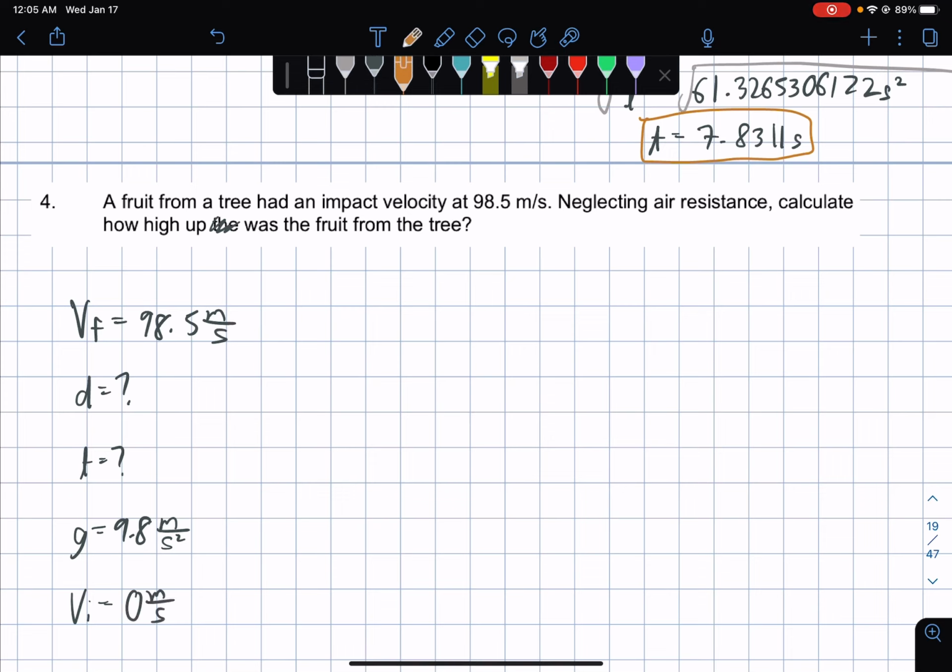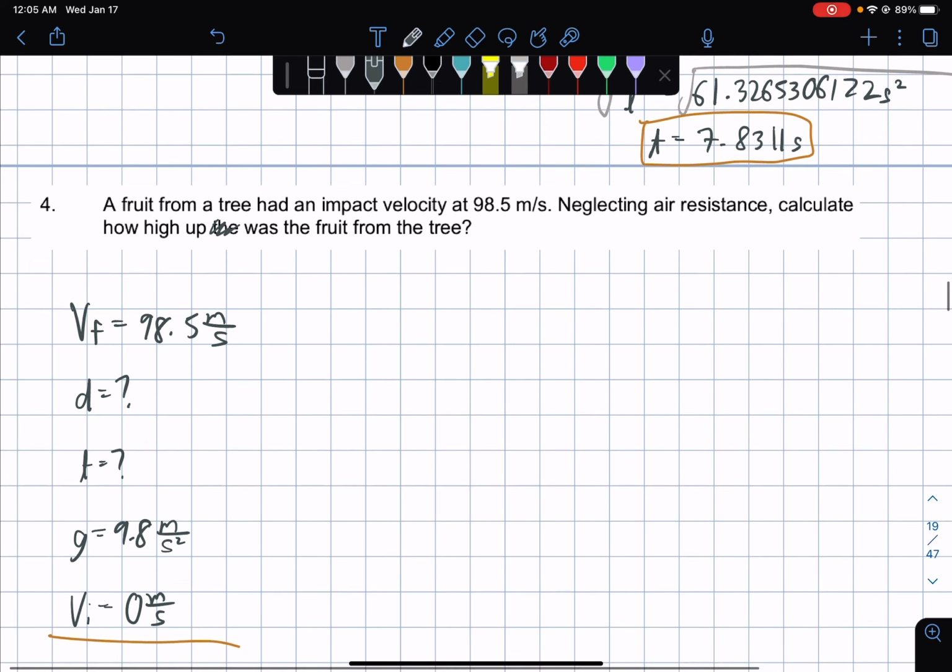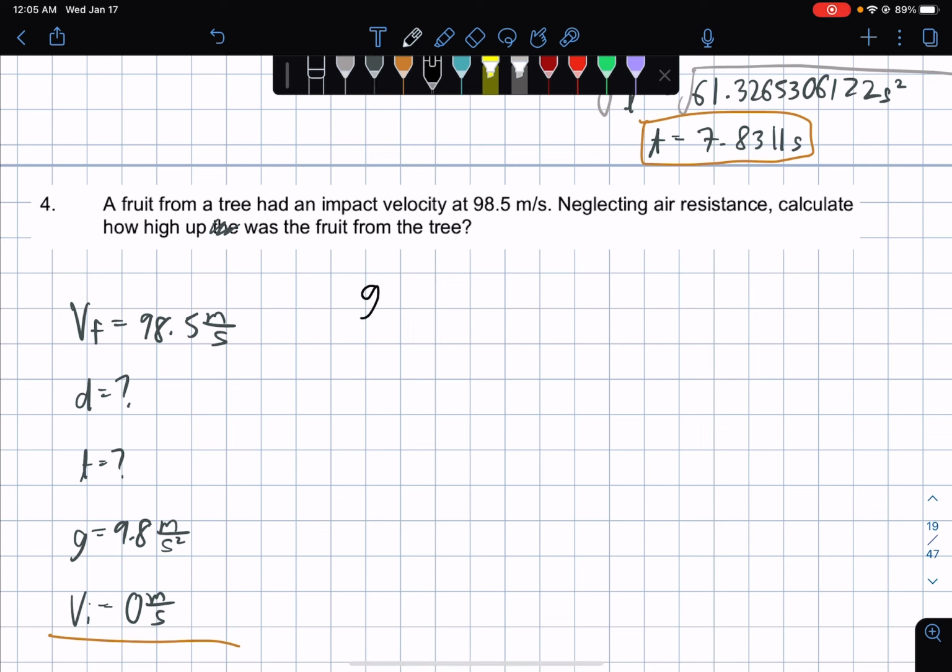Oh, okay. Literally, these are the only given ones, but these are already implied. Okay, so let's use the gravitational acceleration formula to calculate the time.